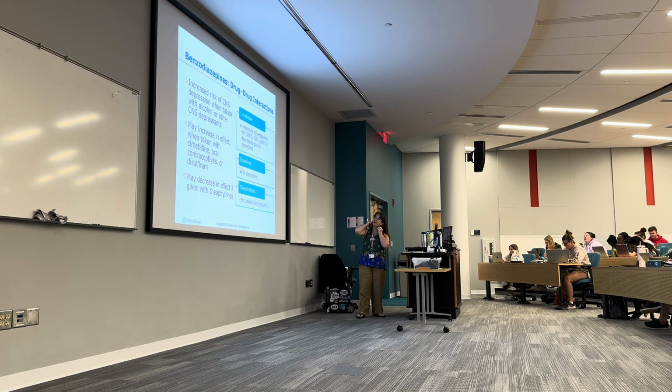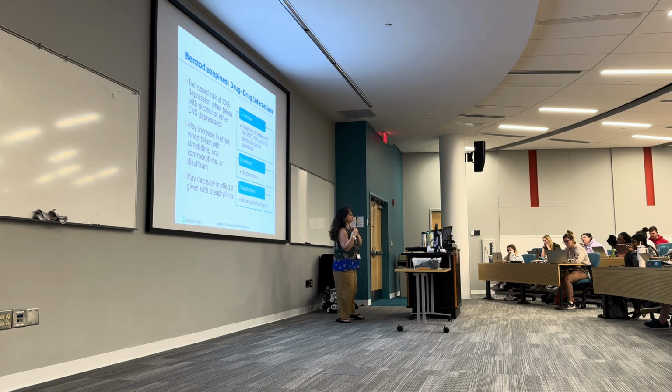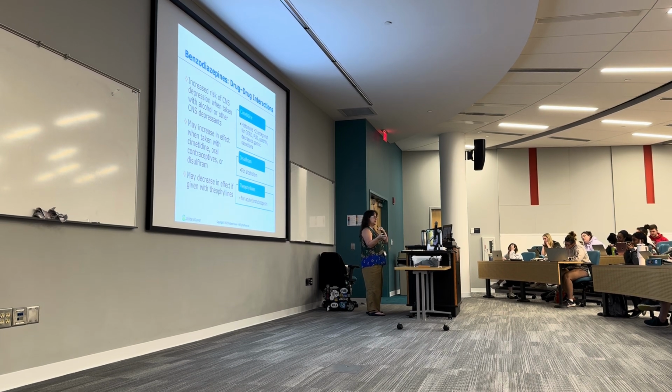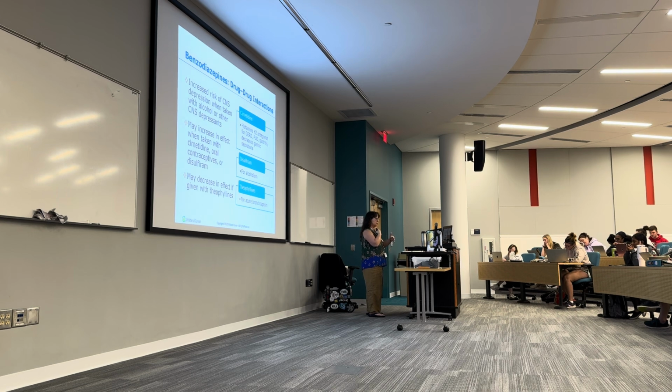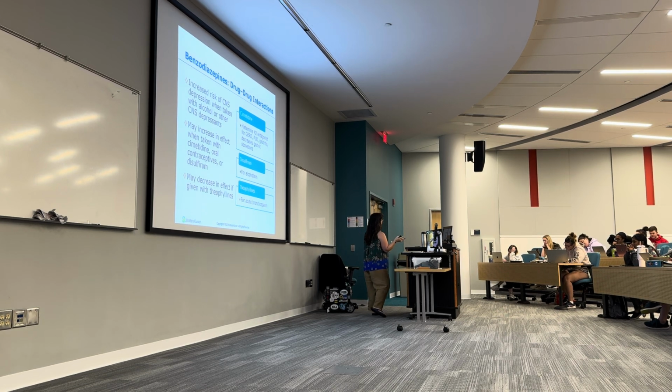And it can increase the effect of these benzos if taken with cimetidine. And oral contraceptives and something called disulfiram, which somebody takes for alcoholism, and if they drink alcohol, it makes them really sick. So they take the med to avoid drinking alcohol, because if they do, they get really sick.